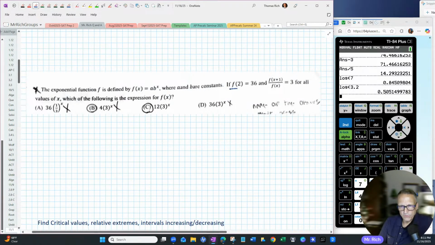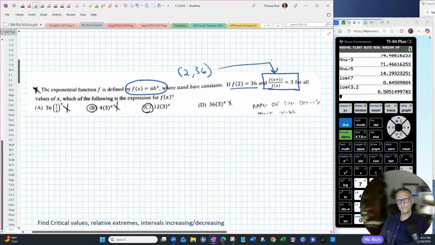If f of 2 is 36, and this was where a lot of the confusion was, if f of x plus 1 over f of x is 3 for all values of x, which of the following is the expression for f of x? So they're giving us the format for the equation. They're giving us one ordered pair, which is 2 comma 36. And then they're giving us that piece of information.